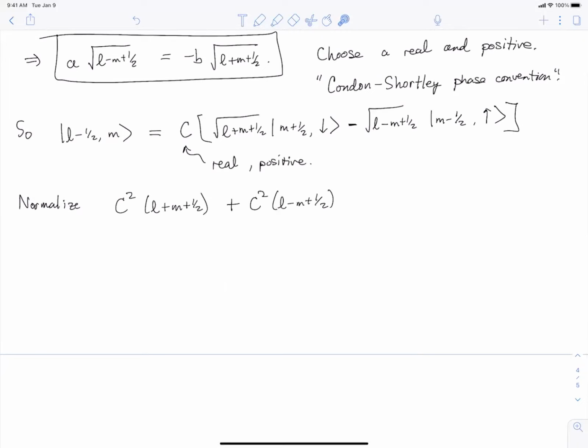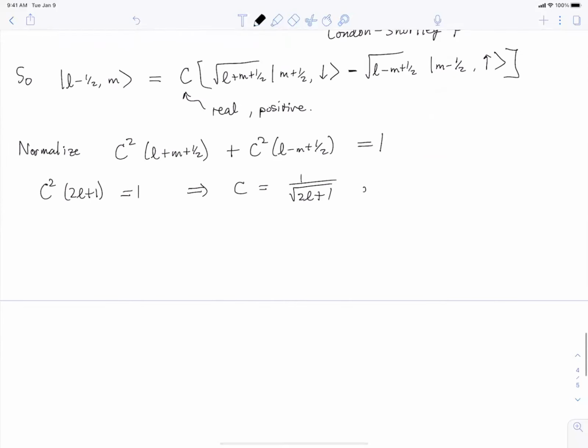Notice these are orthogonal basis elements. So when we take the cross terms, they give nothing. So this whole thing is supposed to equal 1, which tells us C squared times 2L plus 1 is equal to 1, which tells us that C is equal to 1 over the square root of 2L plus 1. Notice we're assuming it's real and positive.